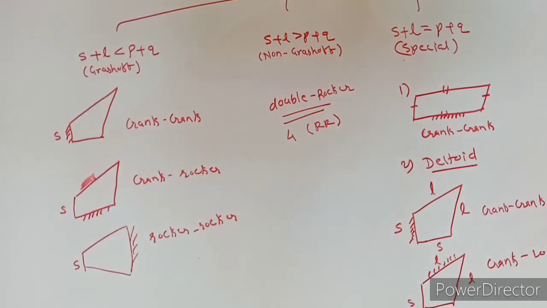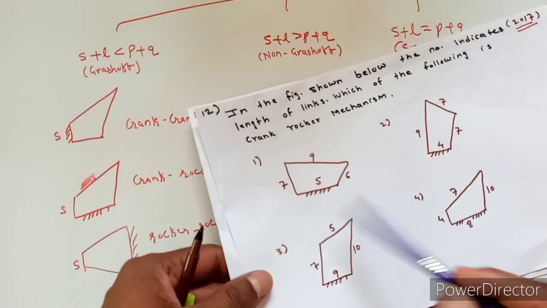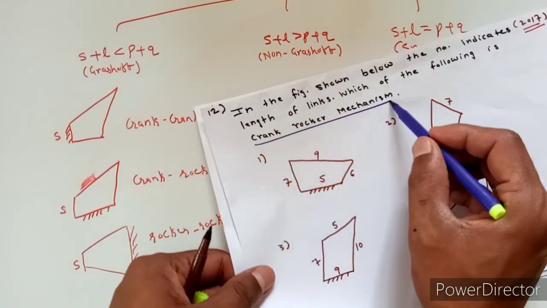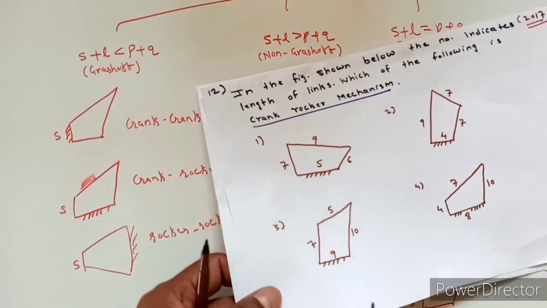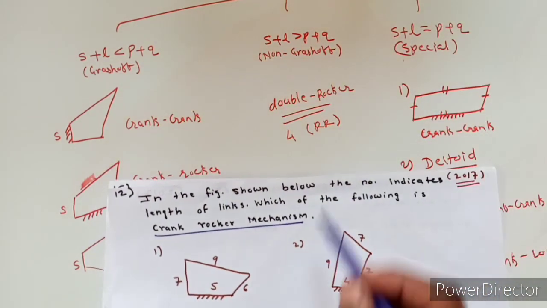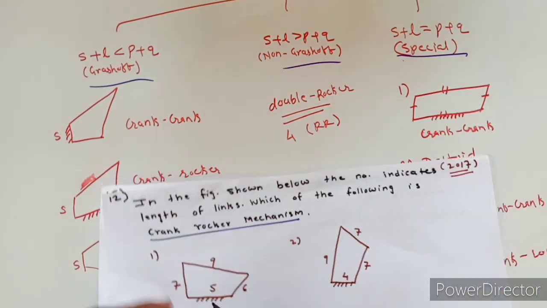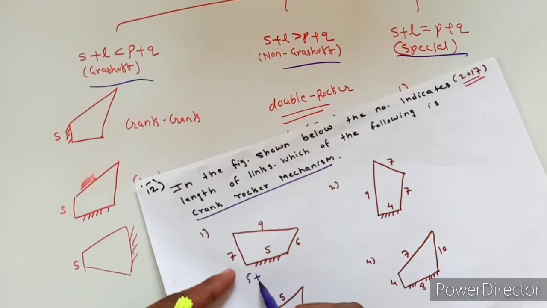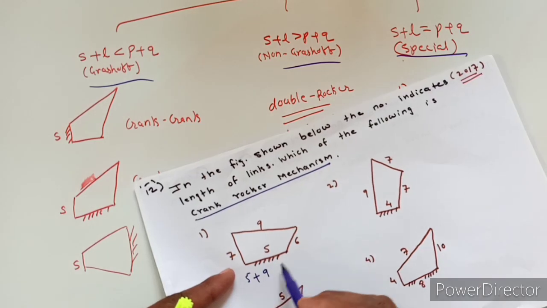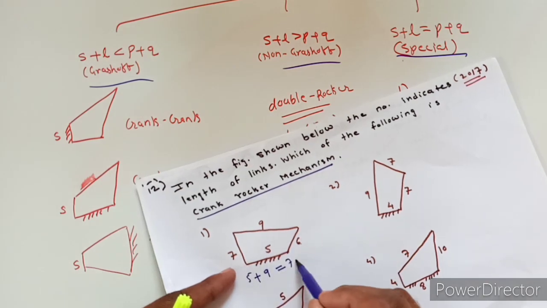Okay, now how to solve this problem? The question is, identify the type of mechanism which is a crank rocker mechanism. Now for that, first of all, we have to identify the class of the mechanism by solving this equation. So S is 5, the shortest link, and the longest link is 9, is equal to the sum of the other 2 links, 7 plus 6.